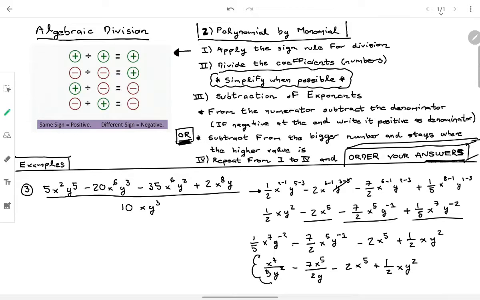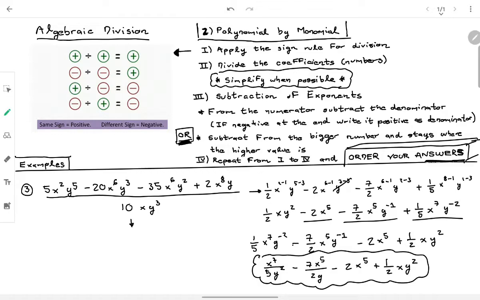And this is going to be our final answer without negative powers. So remember, at the end we will need to not have negative powers, and we will also need to put it in descending order of powers. This is one form of doing it, but there is also another form of doing it.